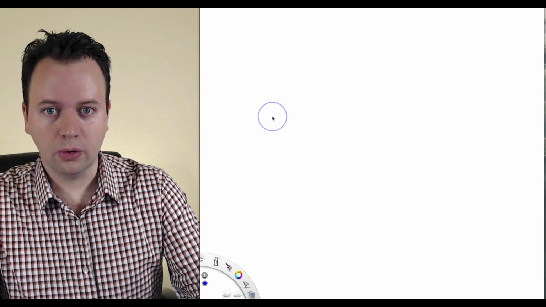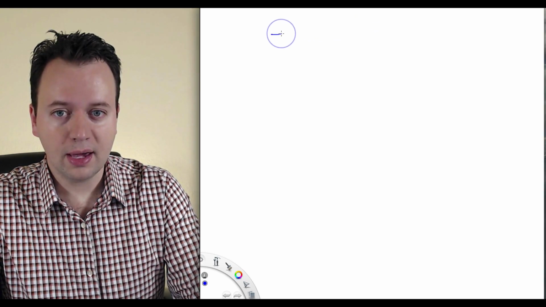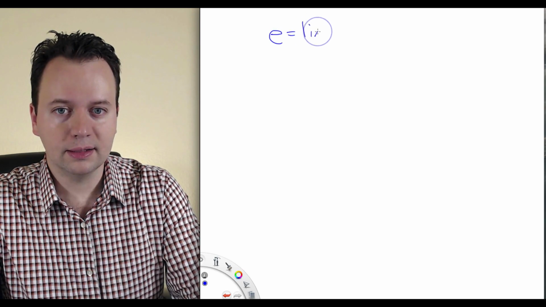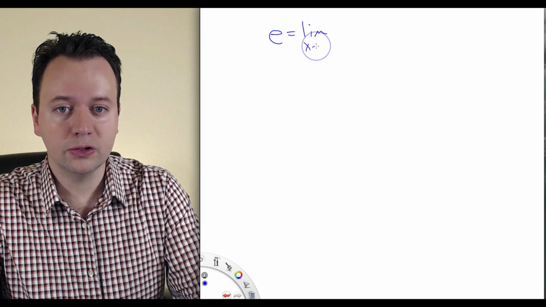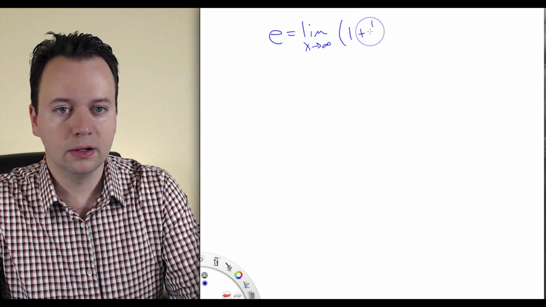Just to refresh your memory, the number e can be defined as the limit as x goes to infinity of the quantity 1 plus 1 over x raised to the power x.